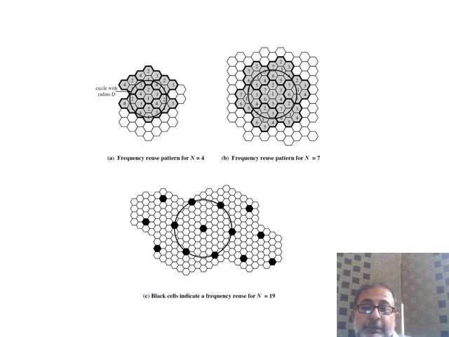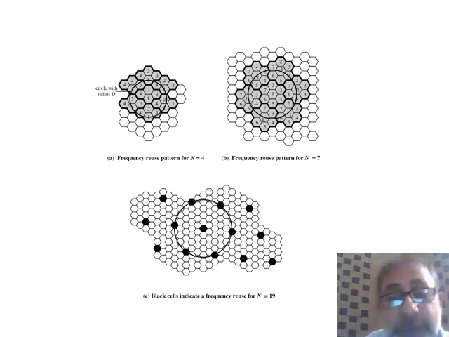allocated, which are used in such a way that, as you can see in figure A, a cell which uses frequency set 1, that is in the center, and all the cells that are in direct neighborhood to it, none of them uses the first set of frequencies. They use 2, 3, 4, 2, 3, 4.